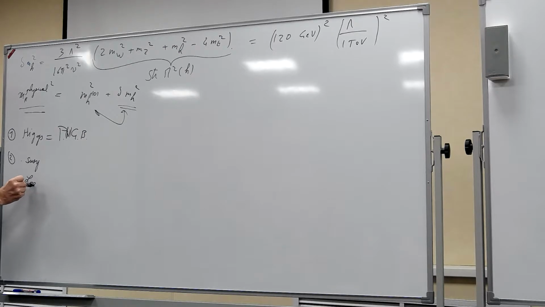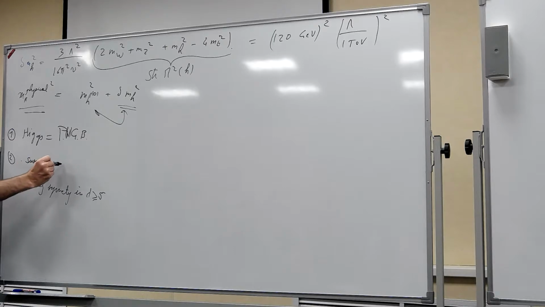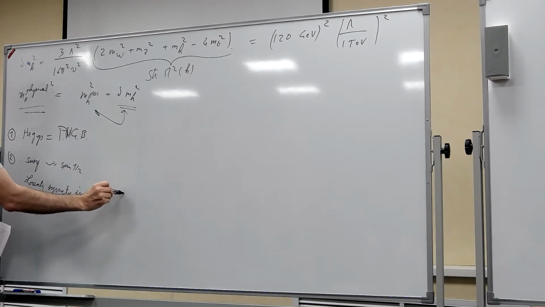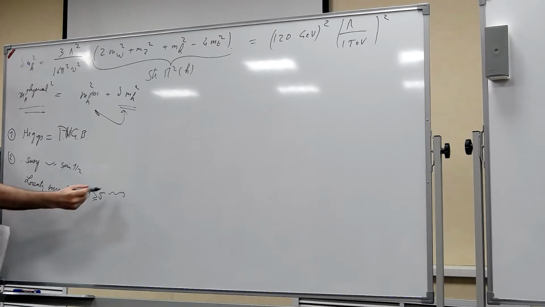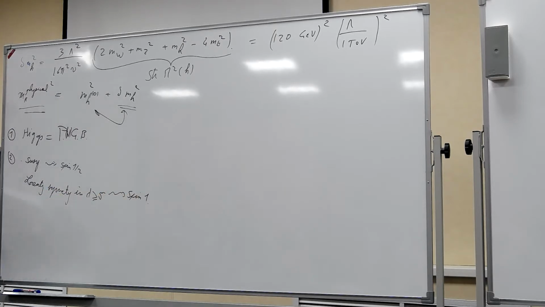Good. Is there any other model that tries to address the hierarchy problem? Yes, there is a long list of things that people have tried. The first idea actually was from Veltman himself, and he said, well, we have quadratic divergences, but maybe the coefficient in front of these quadratic divergences cancels itself.